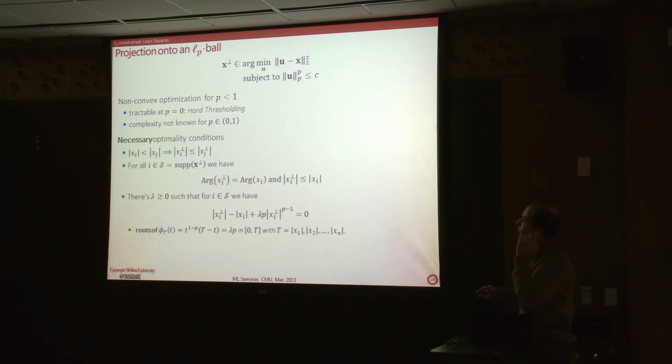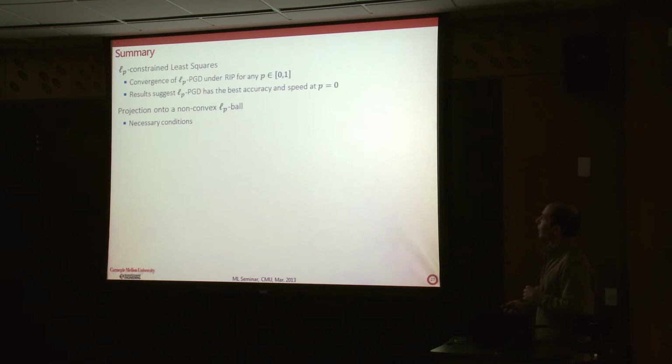But we have come up with some necessary conditions for the solution that I listed here, which translate into this statement that you can uniquely determine the projection if I give you the smallest non-zero entry of the projection. That's it.